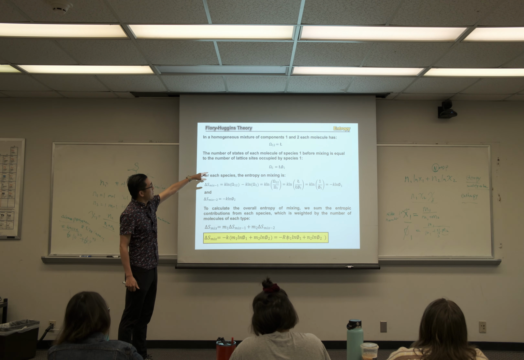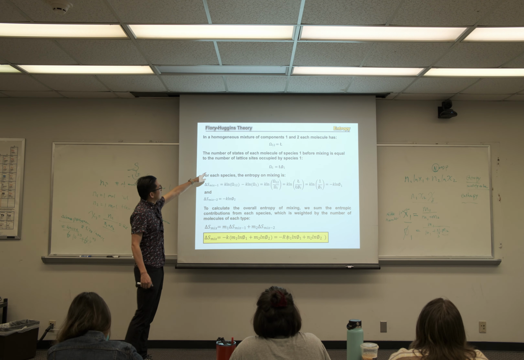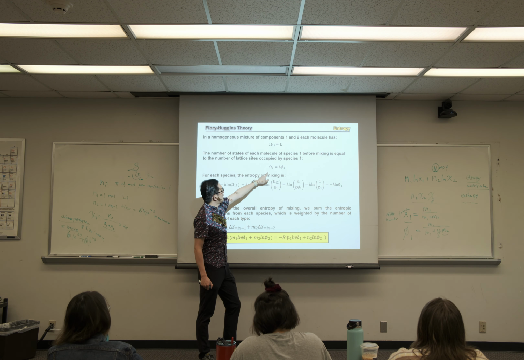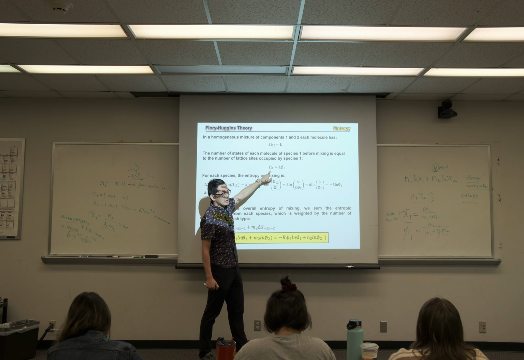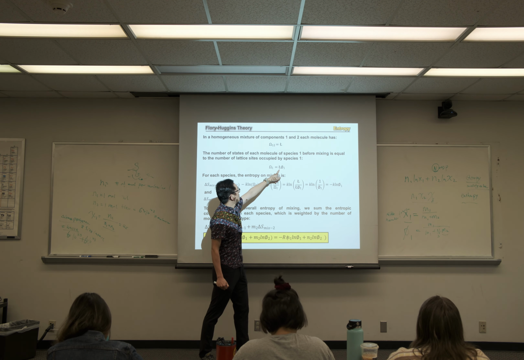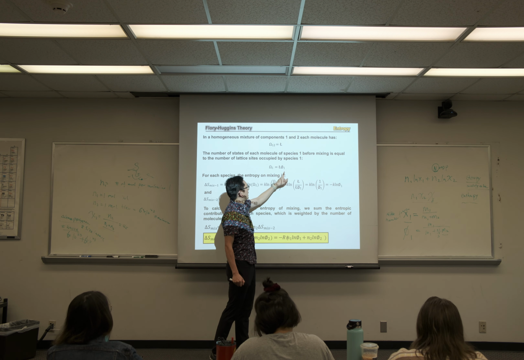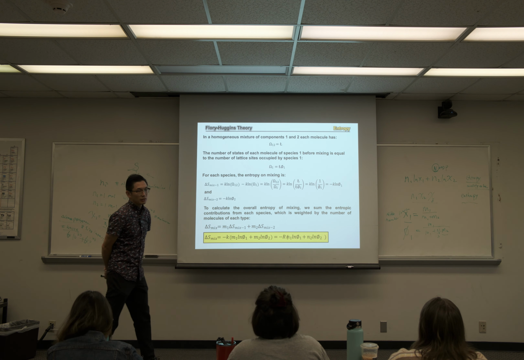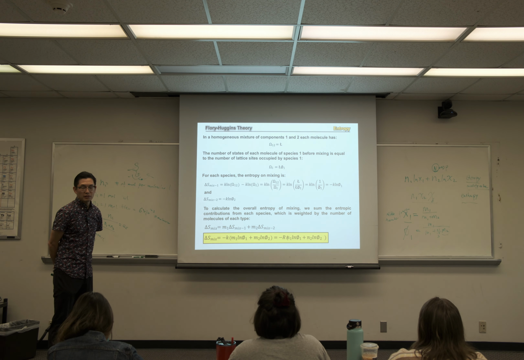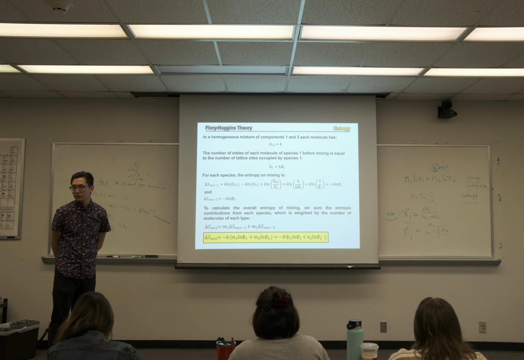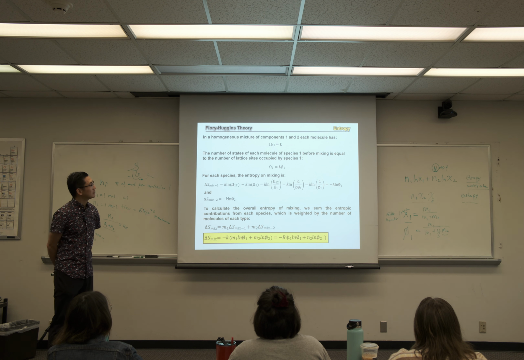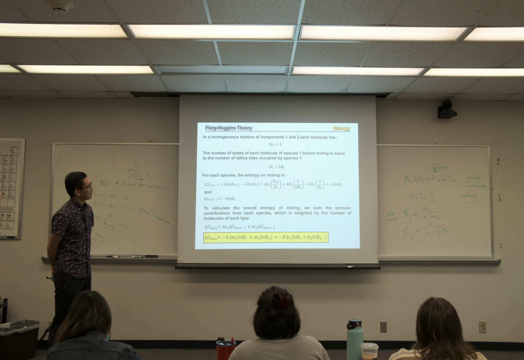So now when we mix them, the lattice occupied by the first molecule will be less. So this will be the total number of states before we mix them, then this will be times phi 1. So after mixing, your configuration entropy will be discounted. What's the volume fraction of this? This will be phi 1.